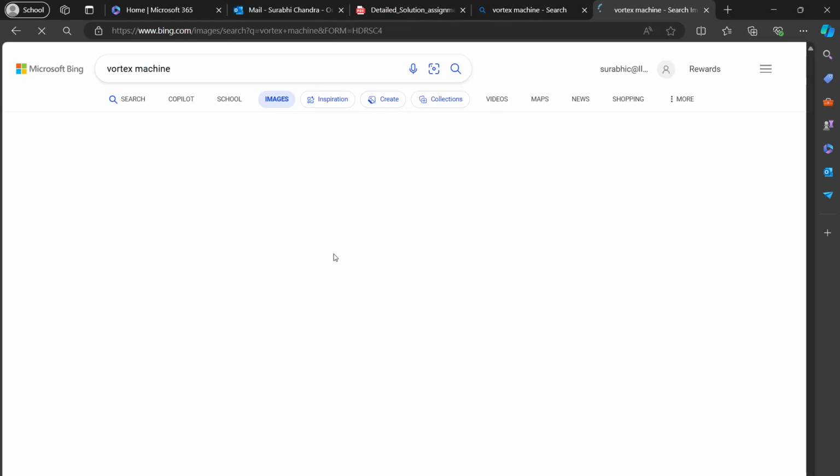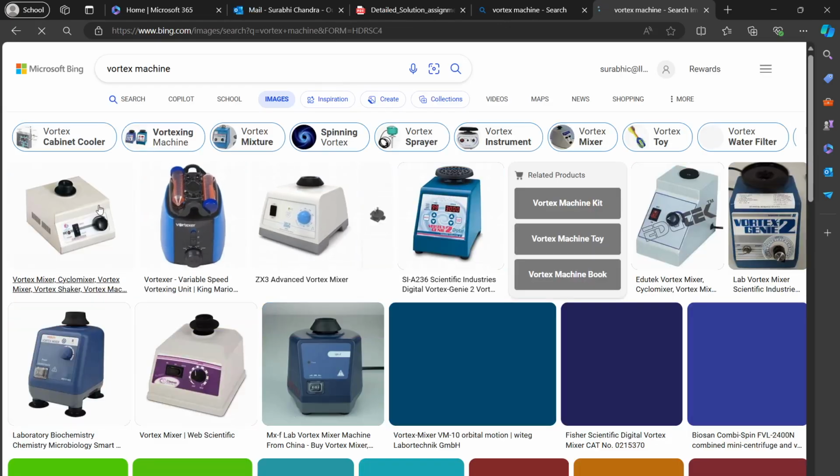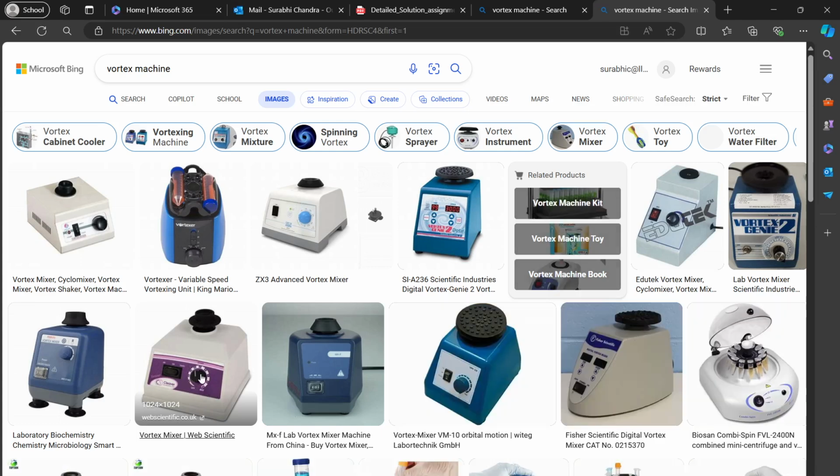This is an area where you put your tube, this black thing, and this can regulate the speed. So this vibrates at a very high speed. The moment you put your tube on that black area, the tube also vibrates very strongly. You can regulate the vibrations using this regulator or knob here.